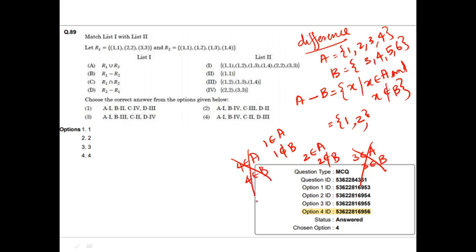So we cannot include 4 here. So the answer is {1, 2}. I hope all of you understood how we can perform the main 3 operations, union, intersection and difference, in ordinary sets.